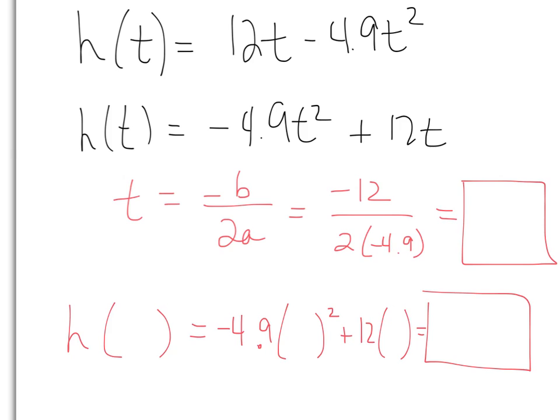So we get, right, x equals negative b over 2a. But in this case, it's not x, it's time, right? Time is our independent variable. So go ahead, plug in your negative 12 over 2 times negative 4.9 and see what you get as a result. After how many seconds does this projectile reach its maximum height?